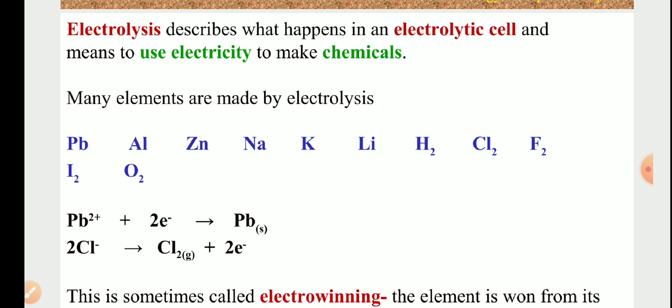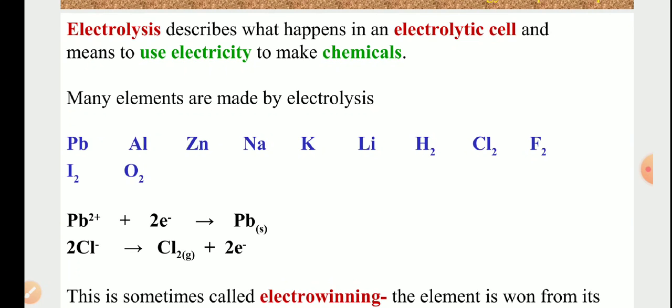If someone performs electrolysis in an electrolytic cell by means of electricity, yes, they can get the element. Here are some examples of elements which can be obtained by electrolysis.